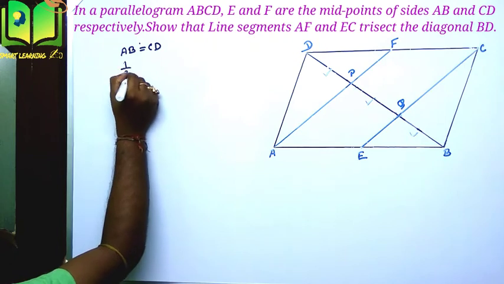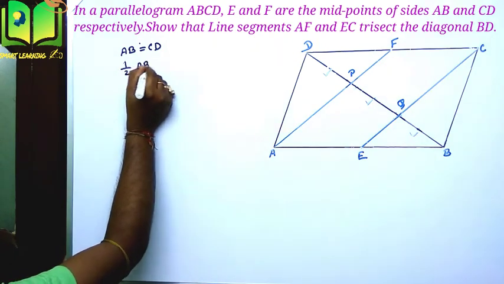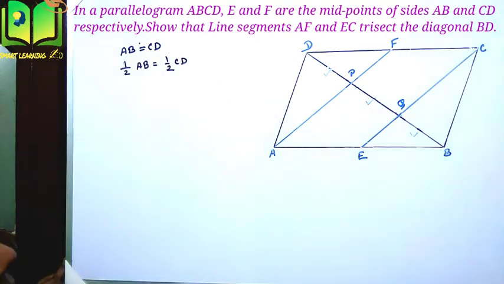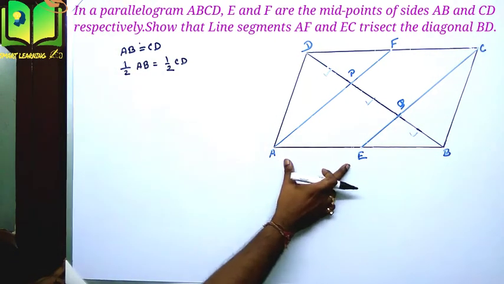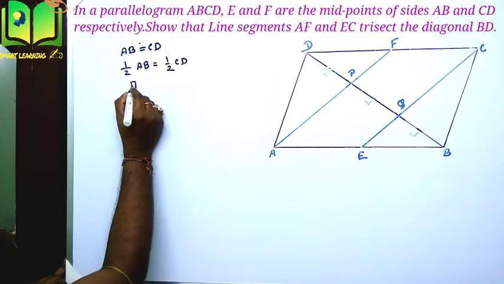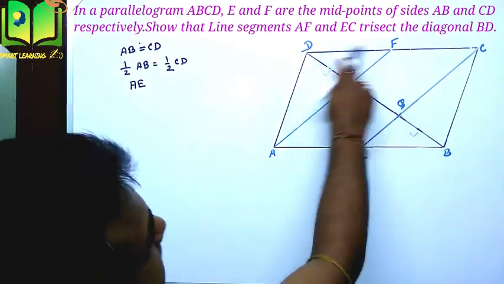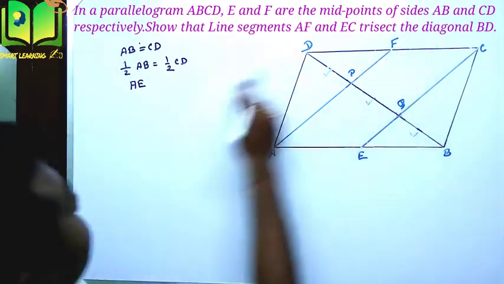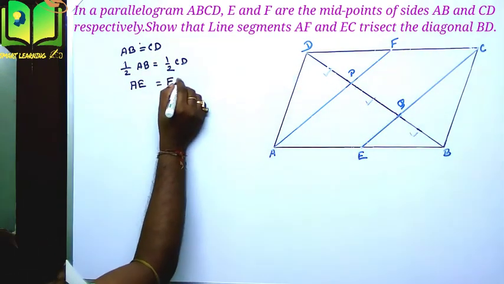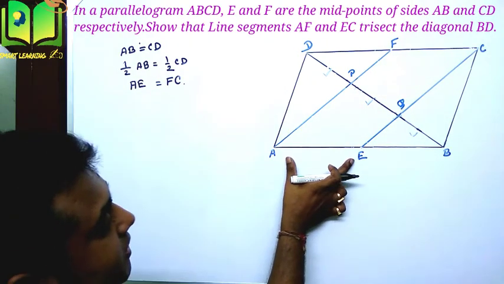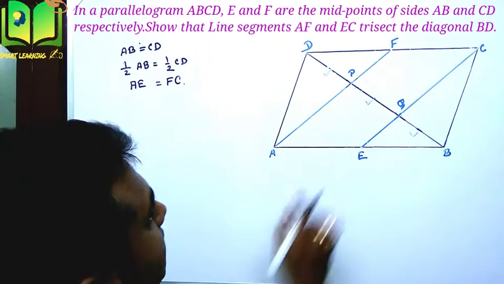So half of AB equals half of CD. Half of AB means AE, so we can write AE, and half of CD means FC. So now we have AE equals FC, meaning this one equals this one.